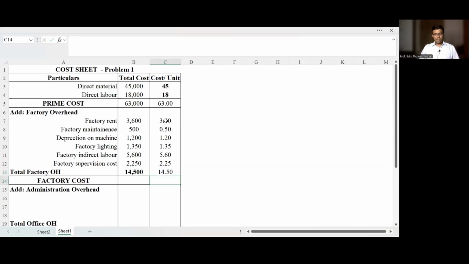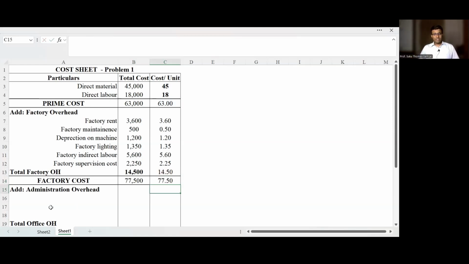The next division of cost is prime cost plus total factory overhead, which works out to 77,500. So 63 plus this works out to be 77.5.